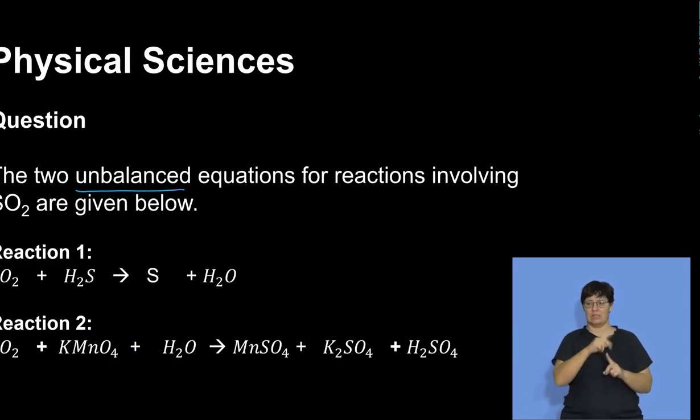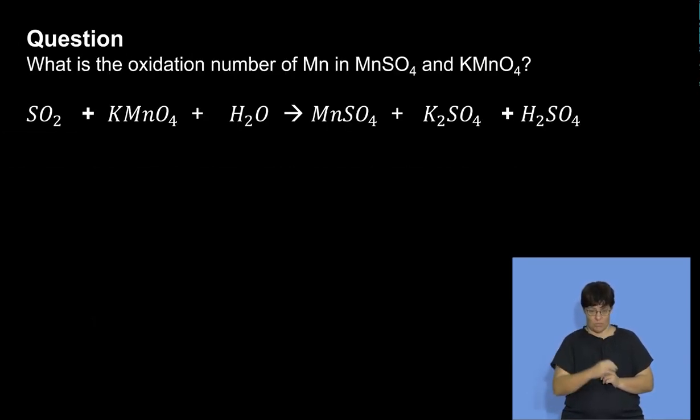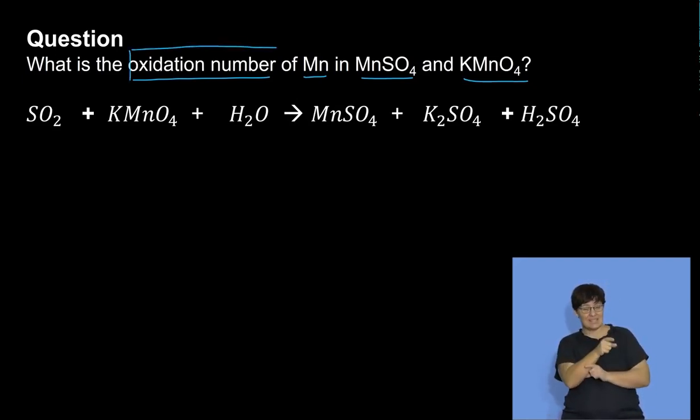Now, it asks for the oxidation number of manganese in manganese sulfate and in potassium permanganate. So this is about chemical formulas as well, but because the focus is on oxidation numbers, this takes us to the rules of assigning oxidation numbers.